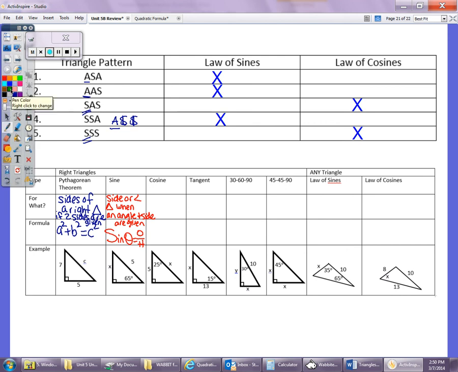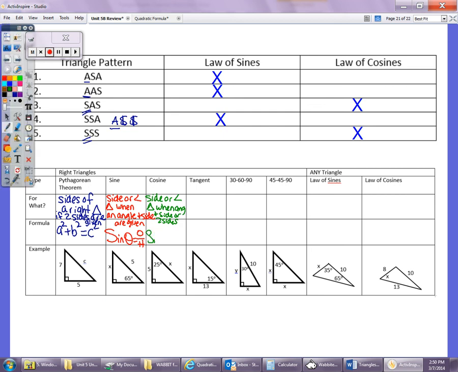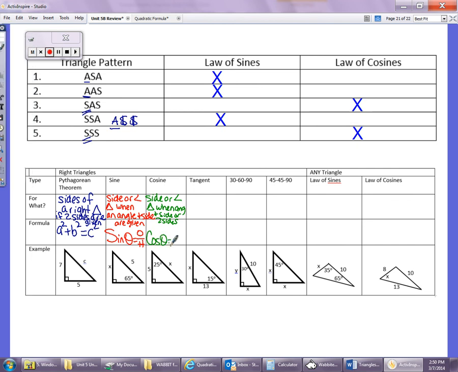Okay, cosine is used when a side or angle of a triangle is given, when you either are given an angle and a side, or two sides, etc. And this would be cosine of an angle equals adjacent over hypotenuse.